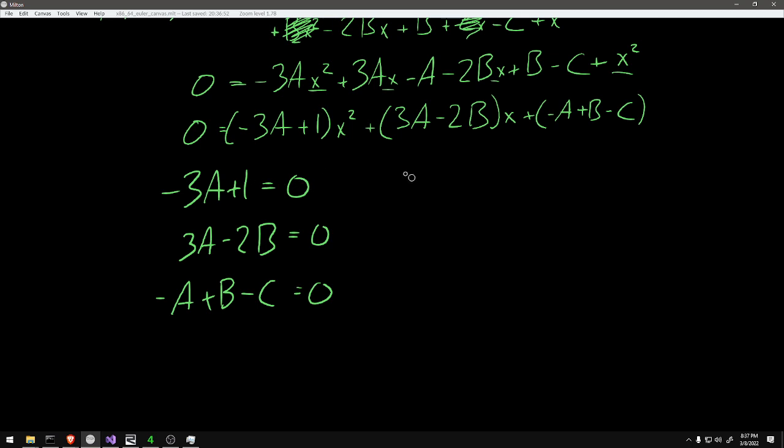So now we can start solving for these things. a is going to be, let's see, we subtract the 1 over, so a is going to be 1/3, to make this work. These together will give us 1 minus 2b equals 0. That's going to give me that b is 1/2.